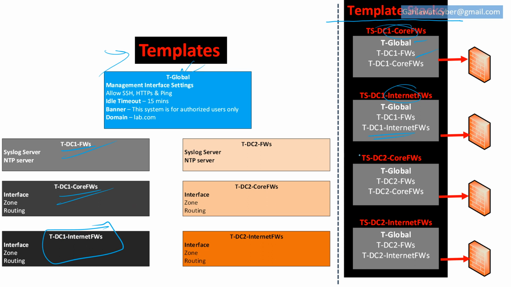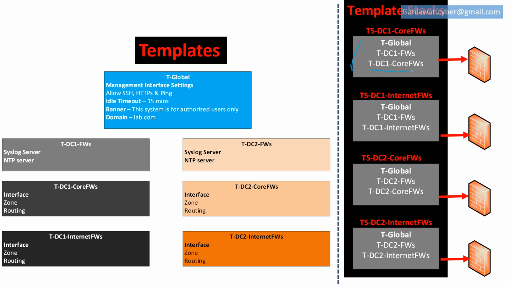Same way for the DC2 firewalls, global is common, then this has the common settings for the syslog and NTP. So this will be applicable to both the template stacks, and then the individual settings as part of the core and the internet firewalls.